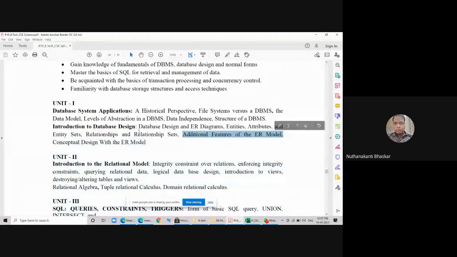Here, all these are the features to add to the ER model. Finally, we have to design the conceptual design with the ER model. So when we design the ER model, we have to include all these features. That is called conceptual design with the ER model. It means your first experiment in the laboratory is conceptual design with the ER model.